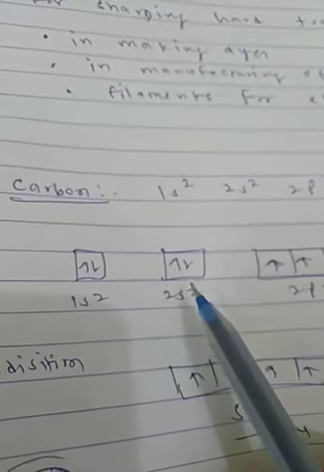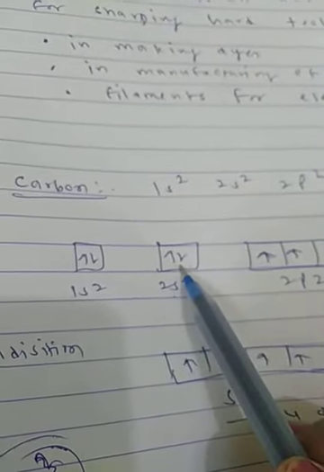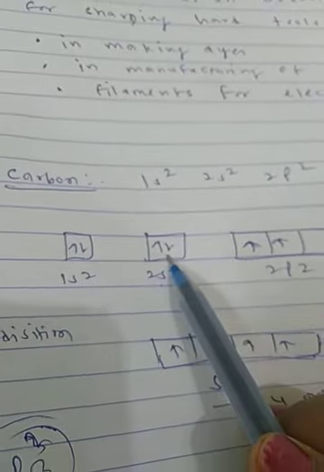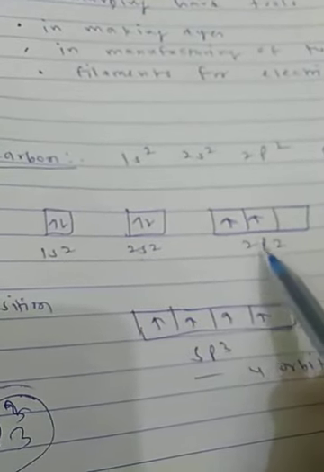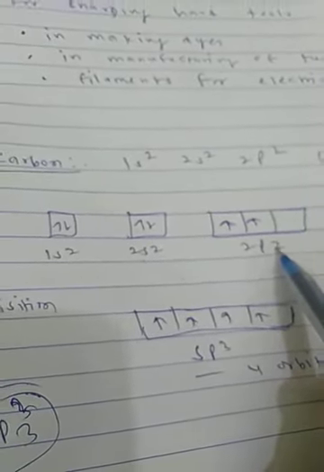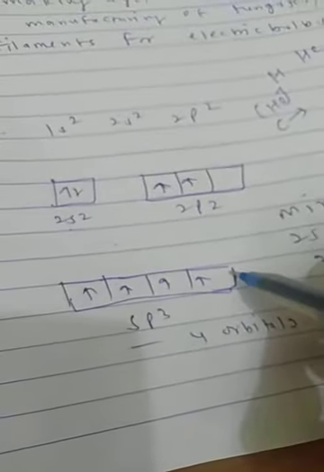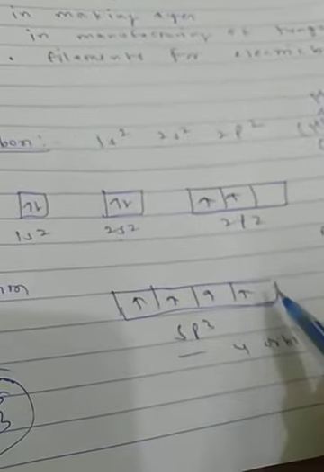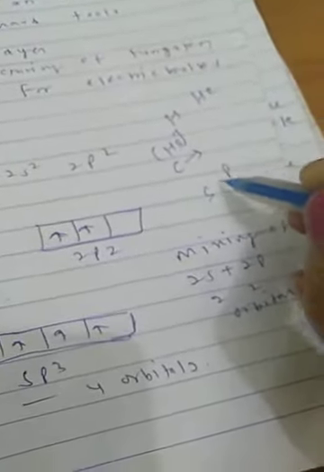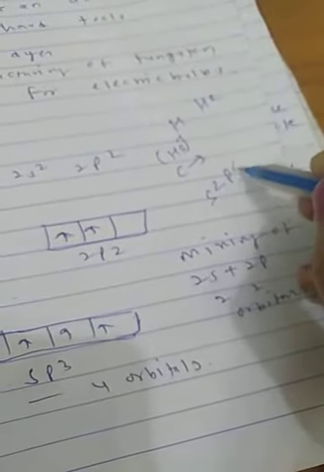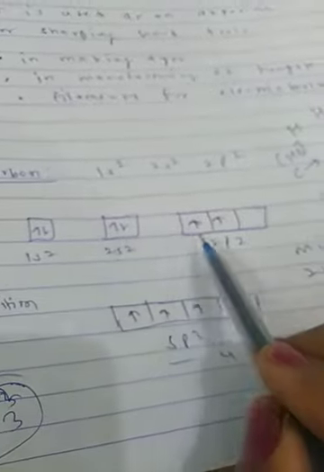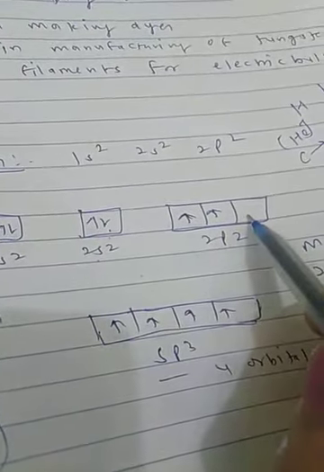It means the mixing of electrons from the 2s orbital and electrons from the 2p orbitals. Combined, they will form new hybrid orbitals that have equivalent energy. You know the s and p energy levels, s is lower, p is higher. So after mixing, this electron will be taken to this one.